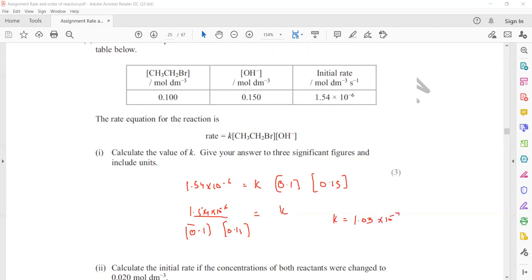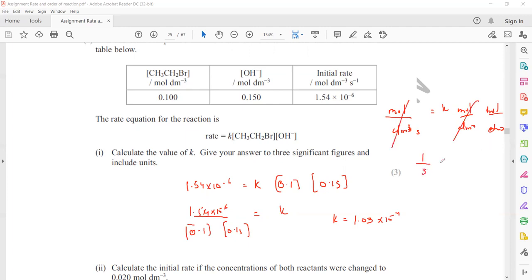Then what about the unit? How can we work it out? Overall it is second order, but we can work out the unit for K. As we know, the unit of the rate is mole per dm cube second. Concentration is mole per dm cube, the other concentration is mole per dm cube. This mole per dm cube cancels with mole per dm cube.